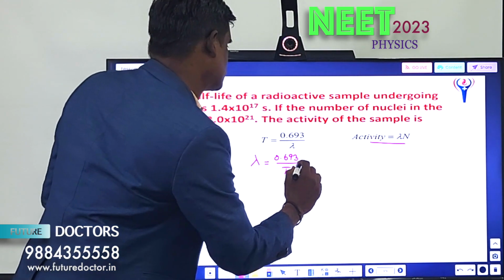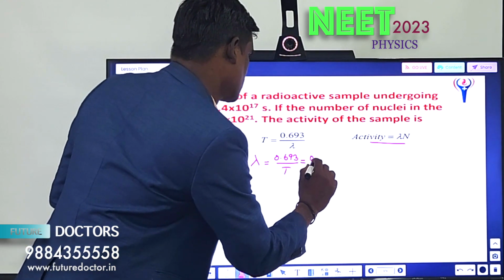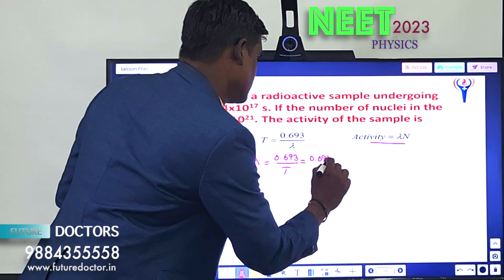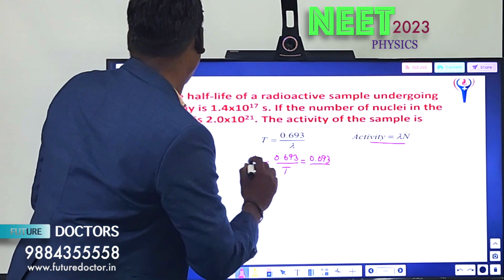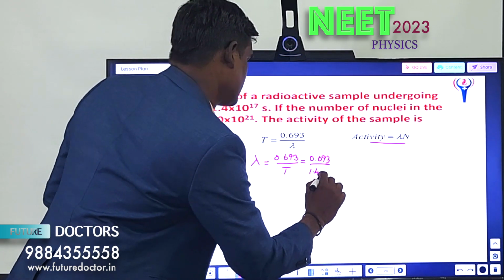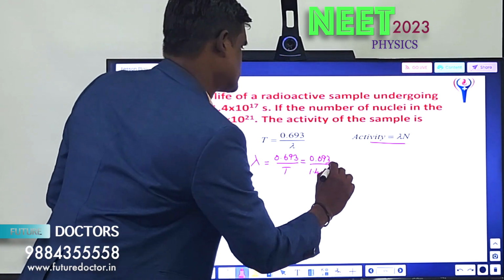Then substitute this lambda equal to 0.693 by T here. That is 0.693 divided by T, which is 1.4 into 10 power 17.